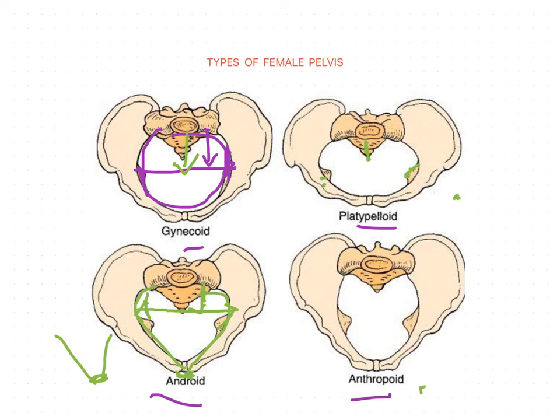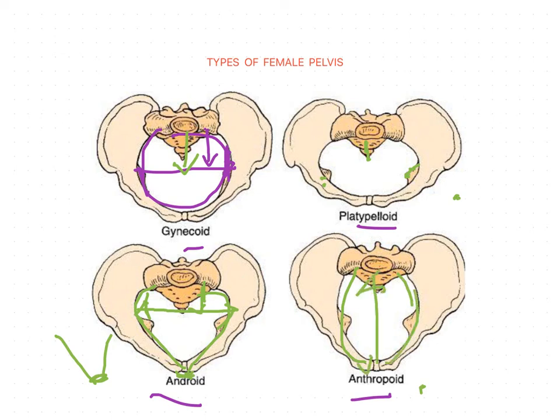Coming to the anthropoid, it commonly resembles an ape pelvis. It is seen in 23.5% of the female population, and it is characterized by an oval shape. It has a greater AP diameter.